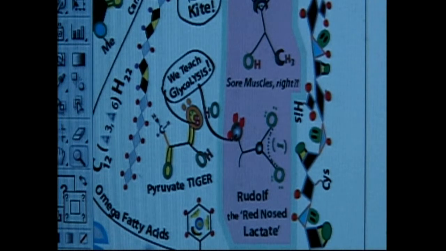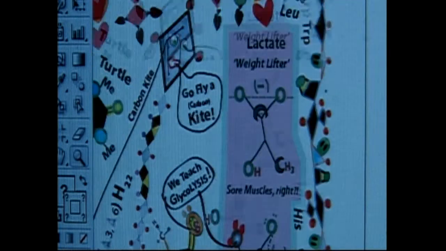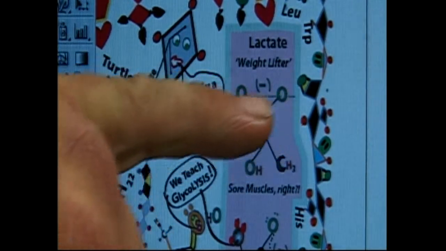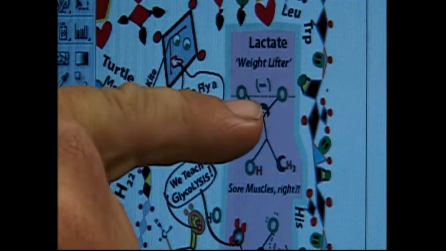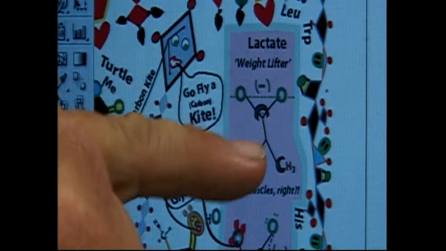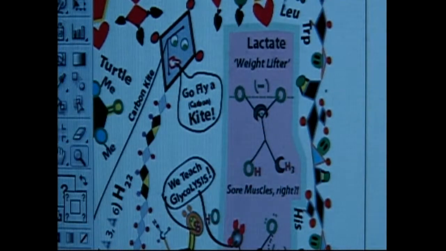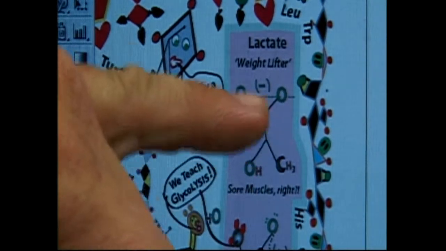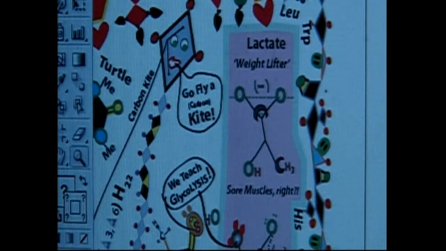So you get lactic acid, lactate. So here you can have lactate represented as a weightlifter. The negative charge is shared between those two oxygens. 1 and 2, there's only 3 carbons. So lactate with 3 carbons, an OH, carboxylic acid side chain, right?